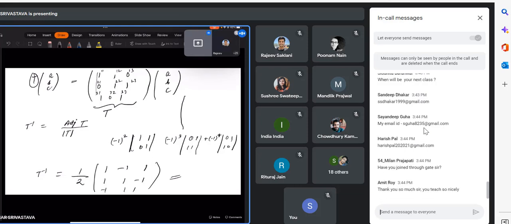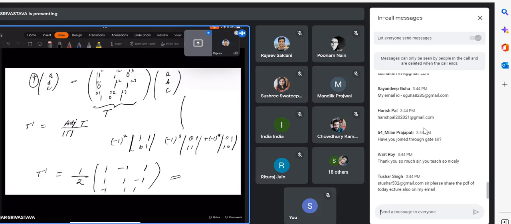Someone is asking, have you joined through GATE? Yes, this kind of informal discussion we can also have. I joined the ISRO through GATE exam only. My background is MSc in physics from Delhi University, and then I gave GATE exam, and then I got a call letter from ISRO. Thank you, Amit.